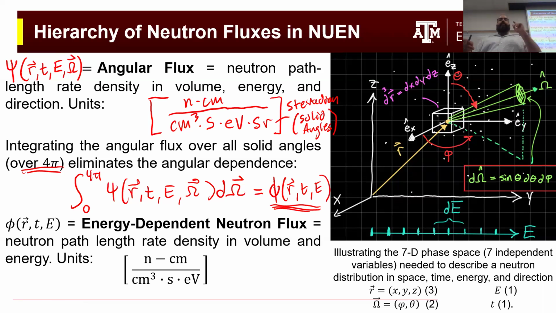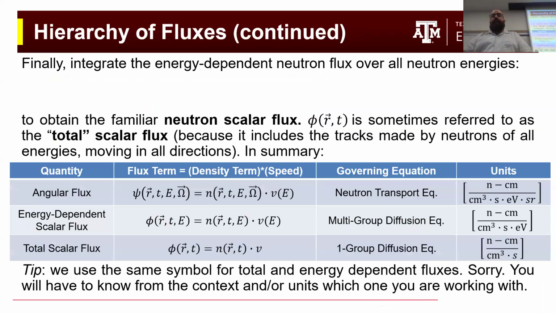If we can integrate the angular flux over all directions to get a more simplified distribution, we could also integrate the energy dependent flux over all energies to simplify that distribution. That's how we would get the scalar flux.